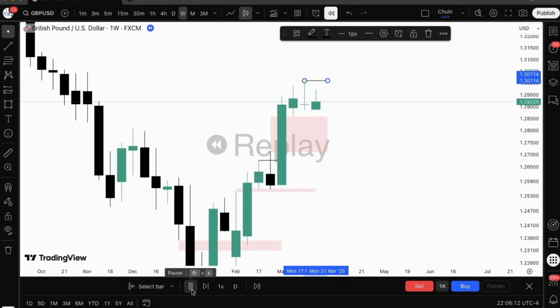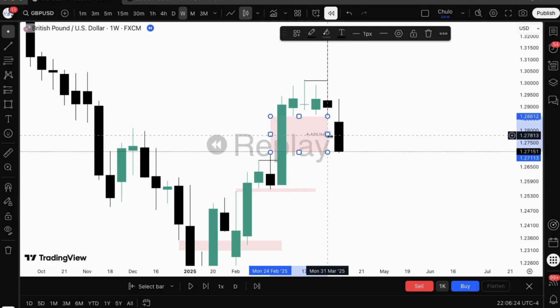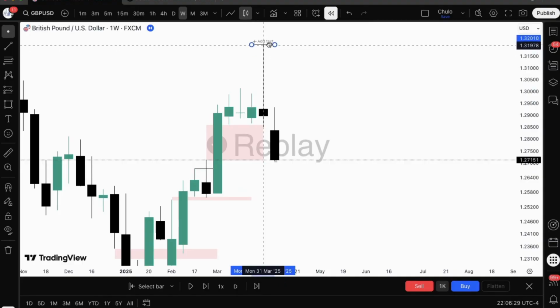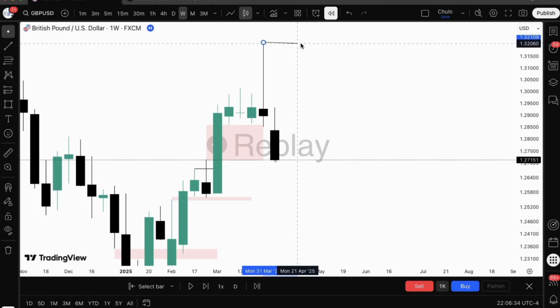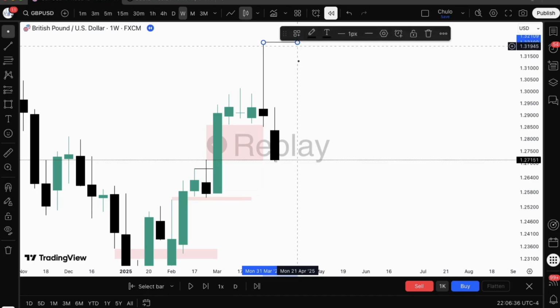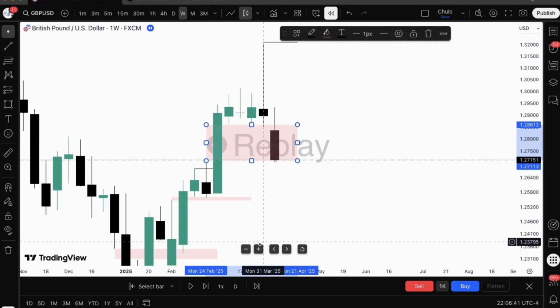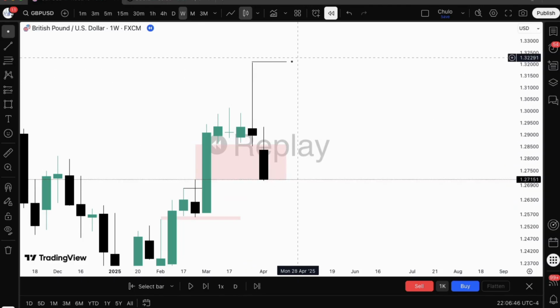So let's see what happened. Price gave us this external range liquidity here, a fresh external range liquidity, and dropped into our internal range liquidity. Now from internal range liquidity, price will seek external range liquidity.